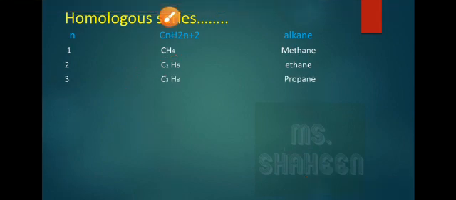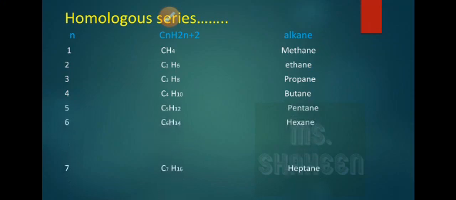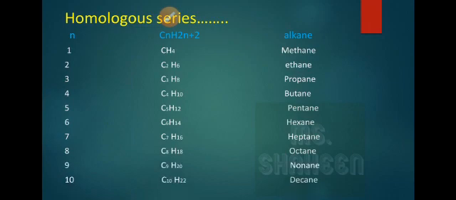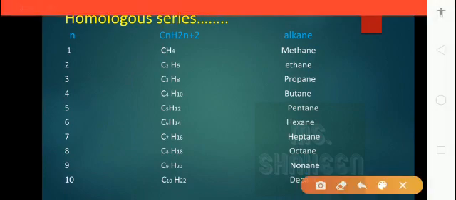Now, the next members are propane, C3H8, butane, pentane, hexane, heptane, octane, nonane, and decane. Students, you just notice that adjacent members of a homologous series differ by only a methylene group.